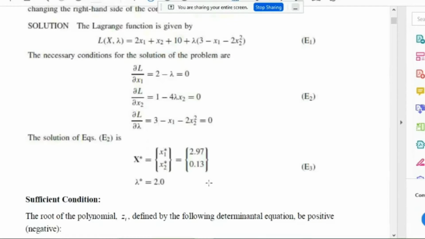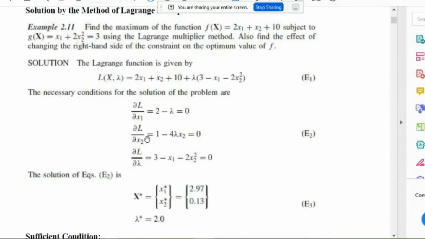If the solution is a relative minimum, then the objective function is convex in nature. If the solution is a relative maximum, then the objective function is said to be concave in nature. In such a way we can prove the convexity or concavity of an optimization problem. Here, the necessary conditions are nothing but the first order derivatives.